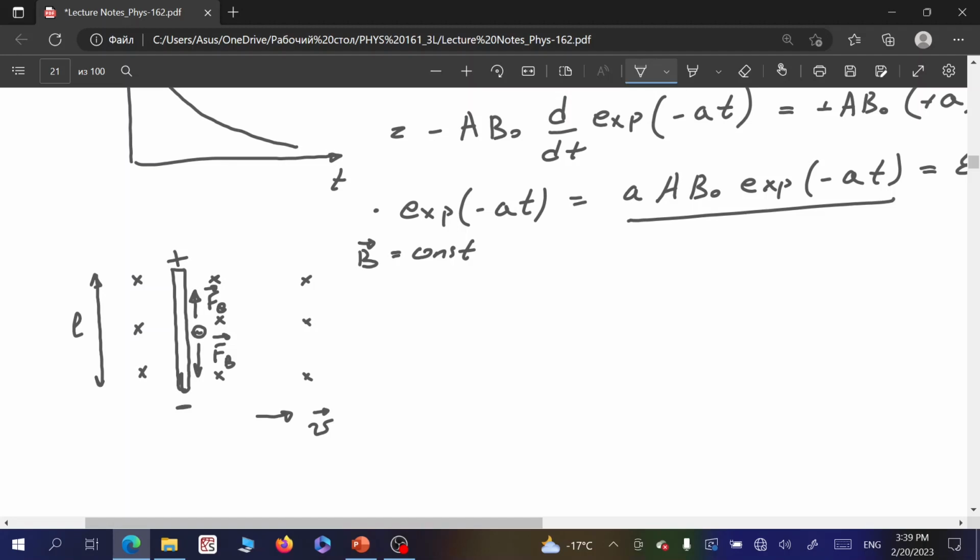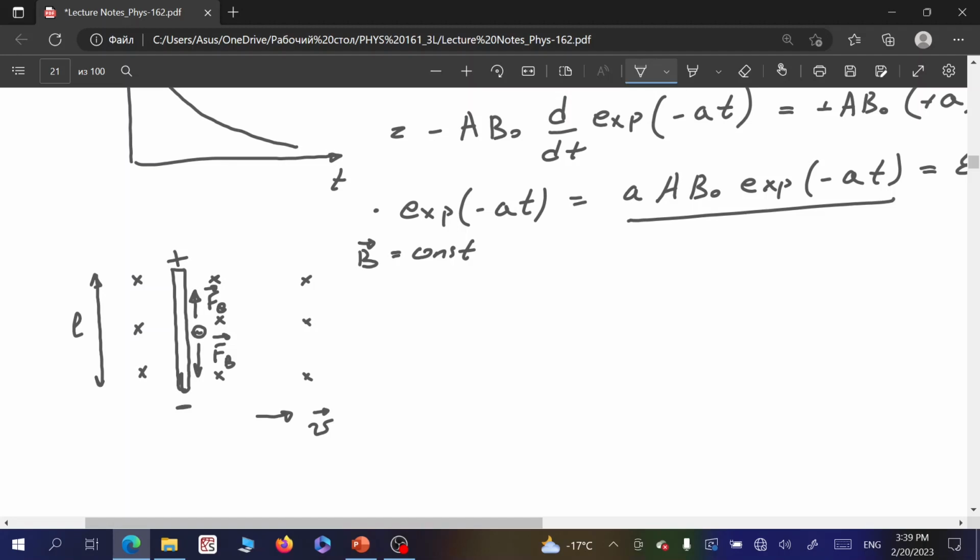When both electric and magnetic force compensate each other, so they will be equal to each other, and in that case we will get some steady state condition, which will be defined by the velocity of this conductor moving in the external magnetic field with given magnitude and orientation.